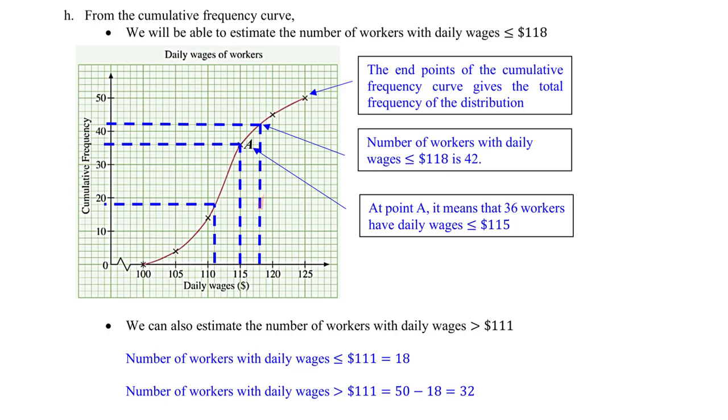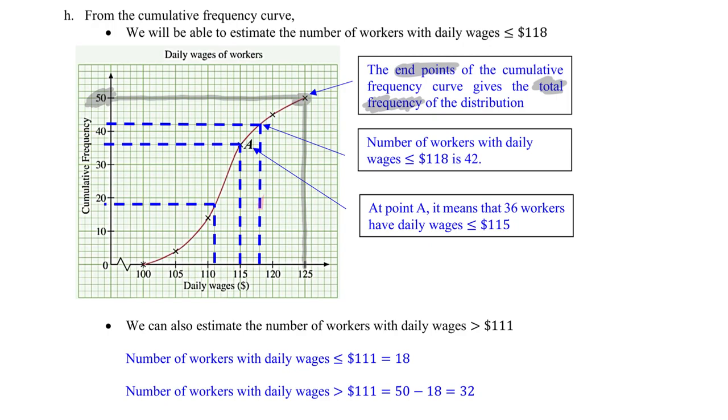First, the endpoint here is the total frequency. So that's something that we have established. That means this one will be my 50, the total frequency.